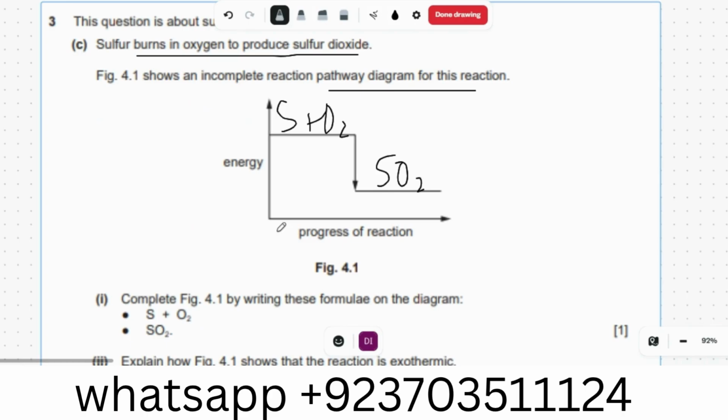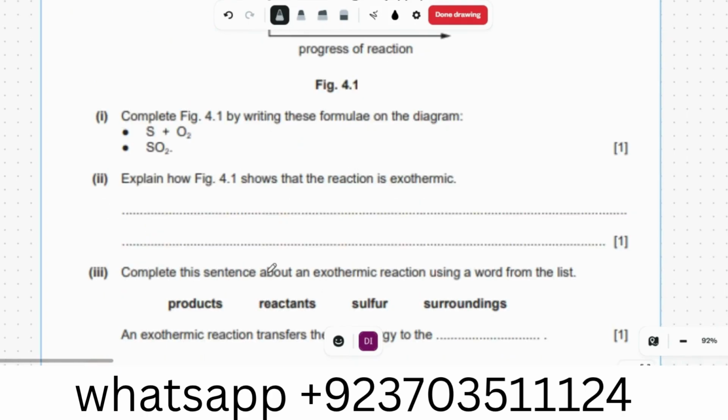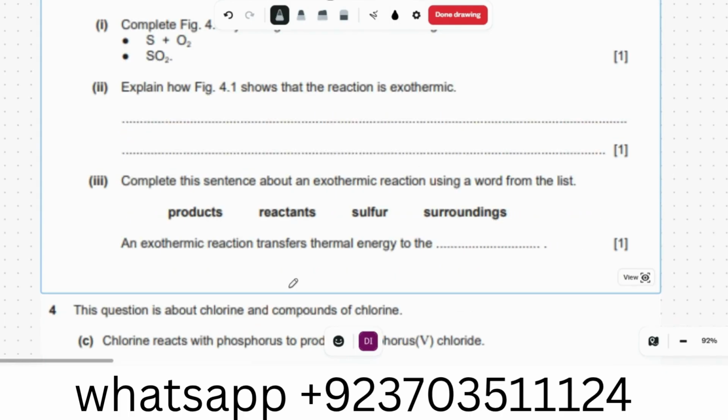Again, energy has been given out into the surroundings. Complete the sentence with the definition: an exothermic reaction transfers thermal energy to the surroundings. So that is the right answer.